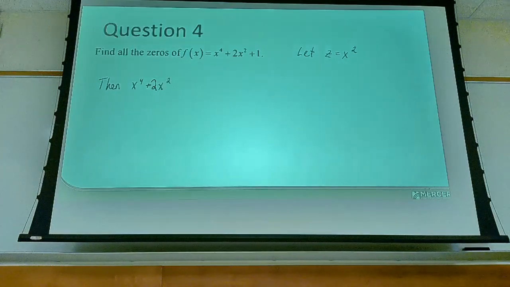Solve for z. You have to use quadratic formula. Oh, actually, no, you don't. This can be factored. The z plus 1 quantity squared. Now just set that equal to 0 and solve.